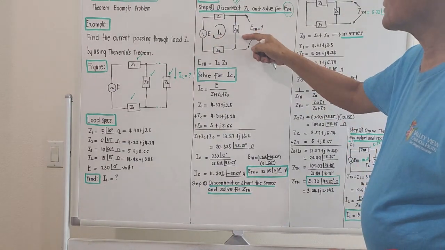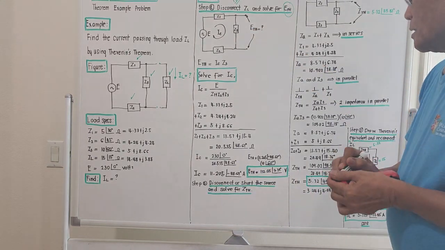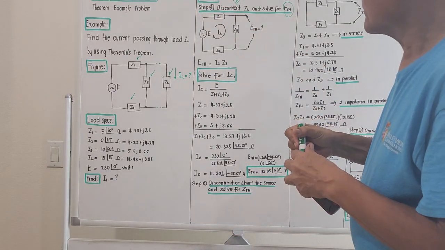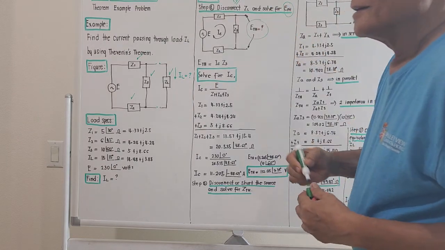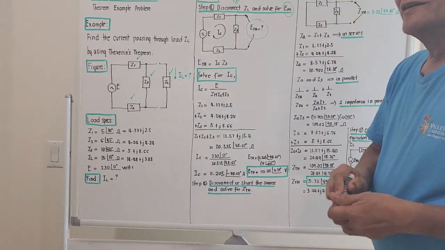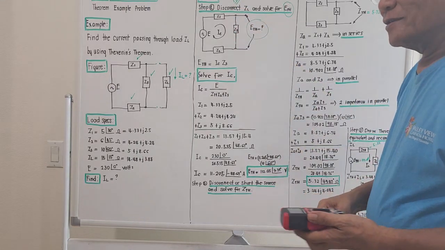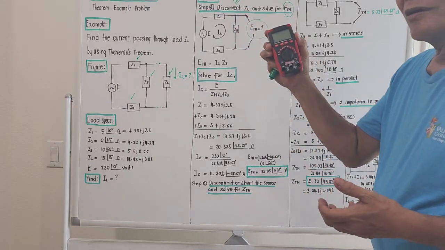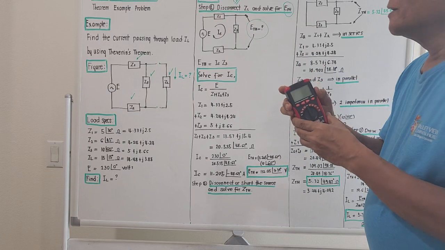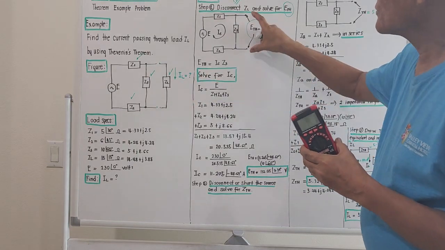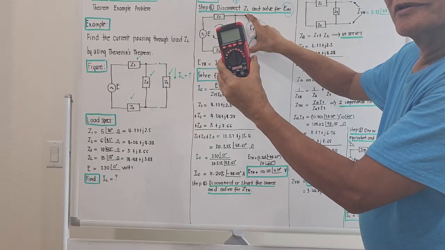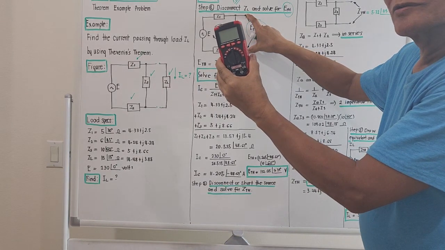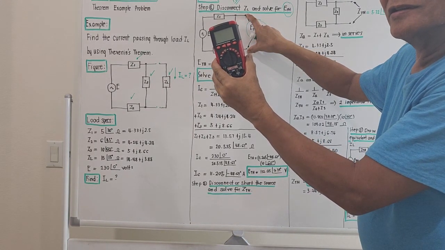After the disconnection, we will solve for the value of ETH. ETH is actually like what we did under lesson number 19. We will be using our multimeter. After the disconnection, we measure the voltage across this by using the multi-tester, set on DC or AC.